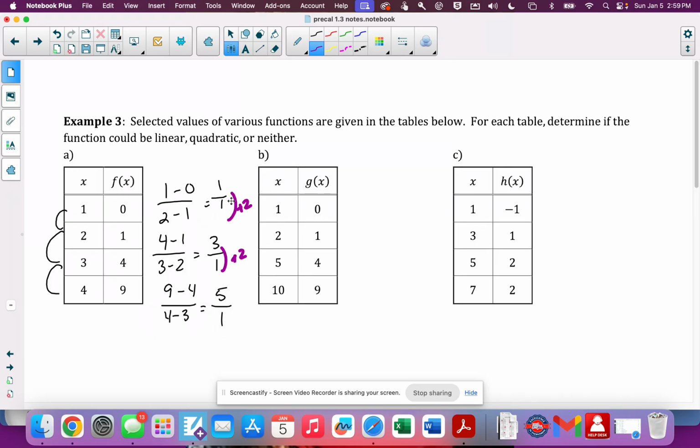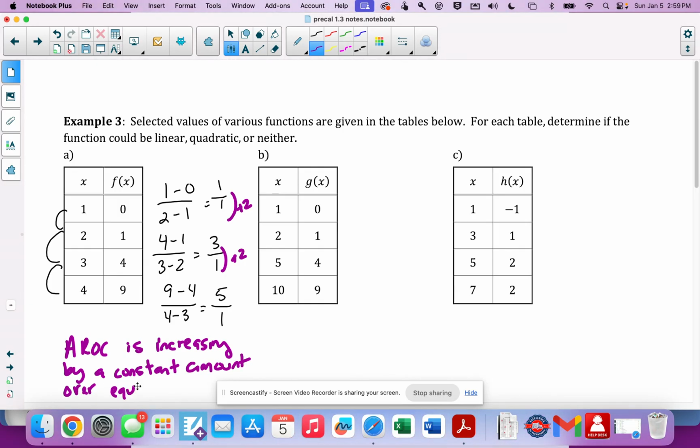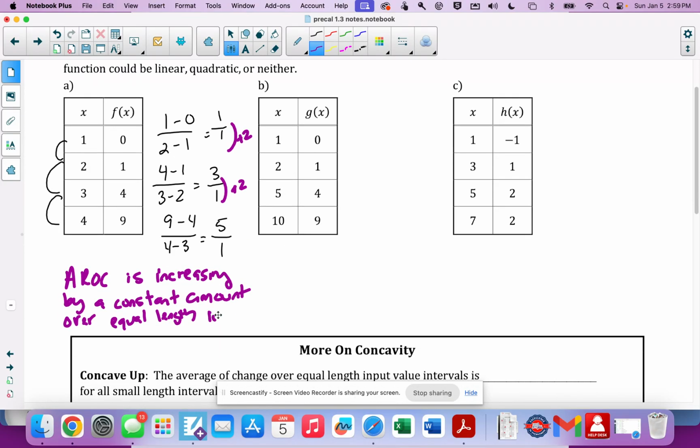Now, we've already stated that if your average rate of change is increasing or decreasing, because you can have a negative, by a constant amount over equal length, let's be specific, input intervals, okay, that tells me that the function is quadratic automatically. That would be an excellent way to explain why the function is quadratic.